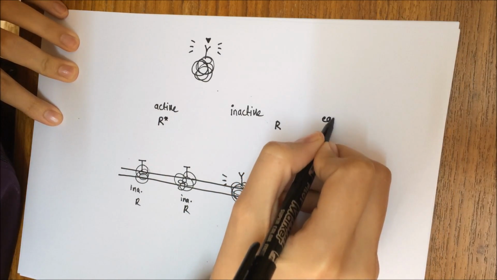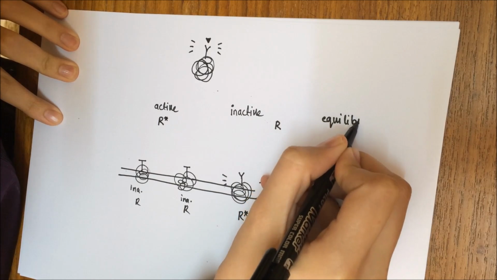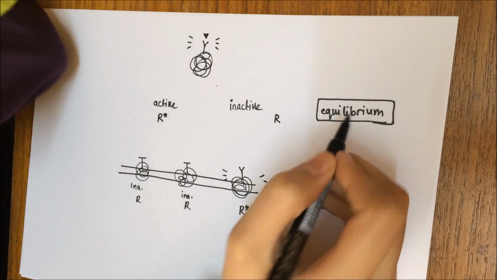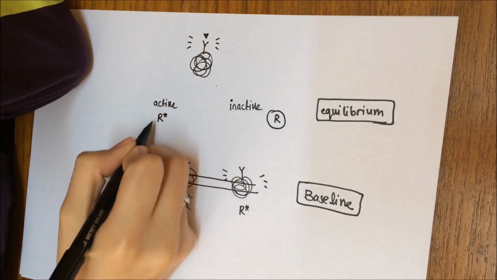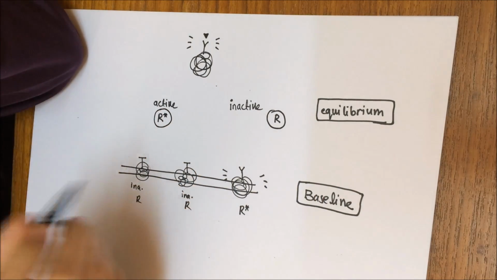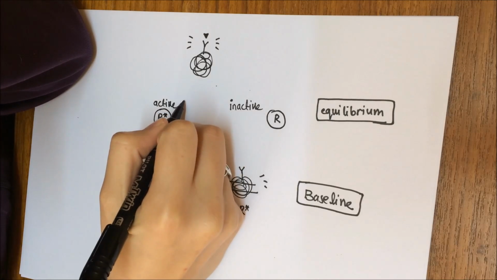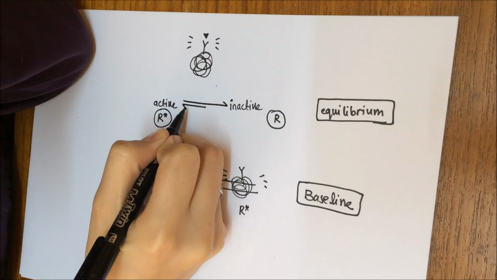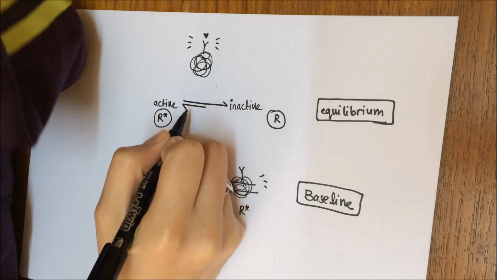How does this work? There is an equilibrium between the R and the R star, the inactive and the active state, but it favors the inactive state.